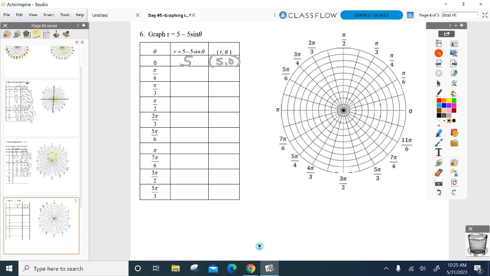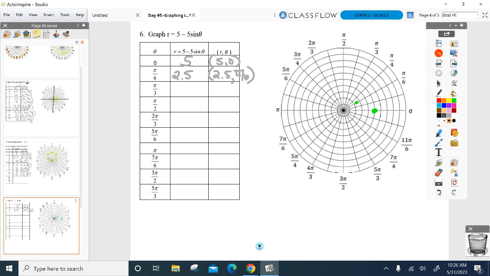Got to take your time on this one. All right, next up, what do we got? About 2.5. Two and a half comma pi over 6. Be careful on this next one because we get a small value, right?